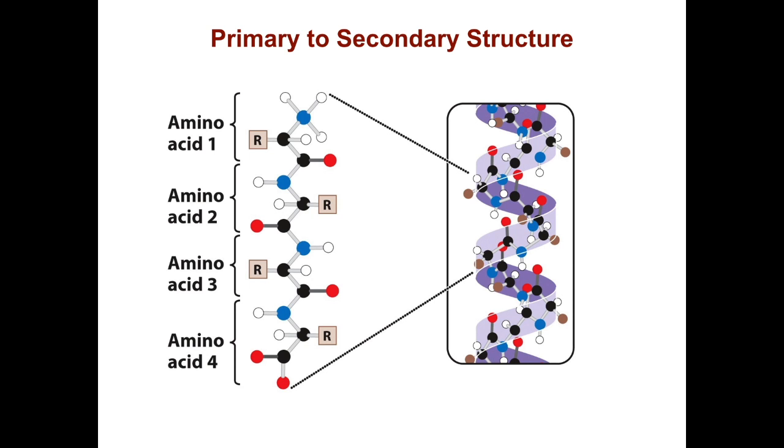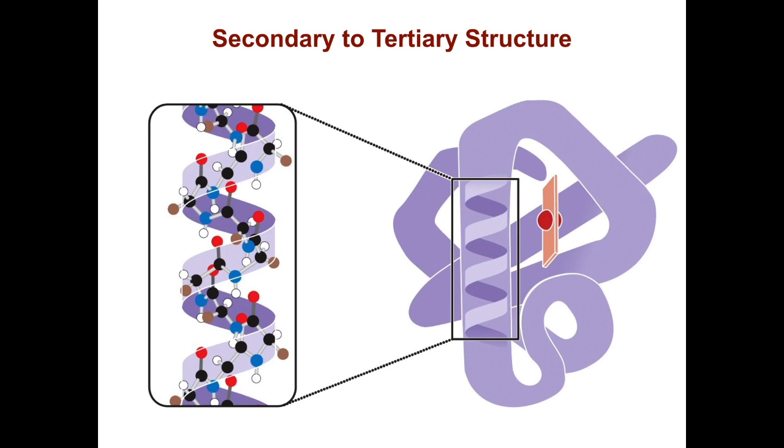So you have your primary amino acid sequence on the left, and this sequence here is forming a helix, and that is the secondary structure. This helix becomes a part of the folding of the rest of the polypeptide chain. This causes the protein to develop its tertiary structure, which is close to the final structure of the protein.